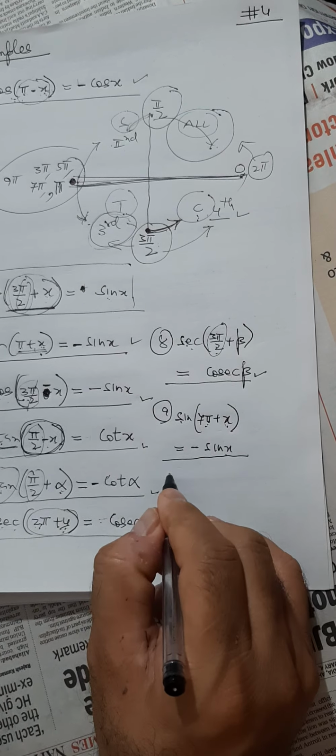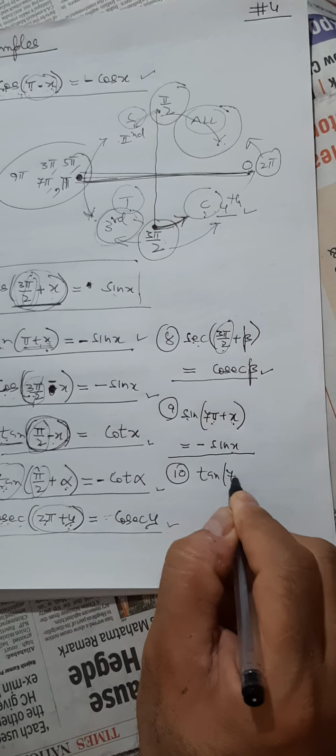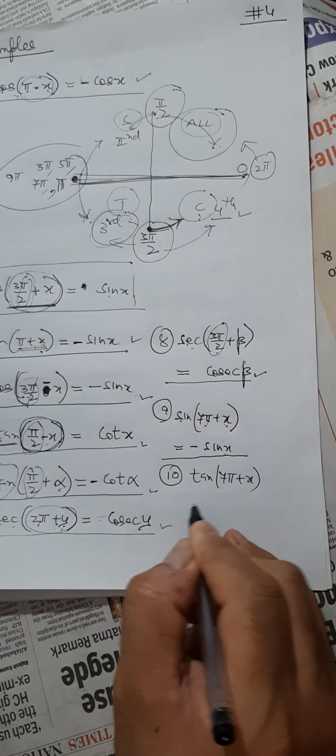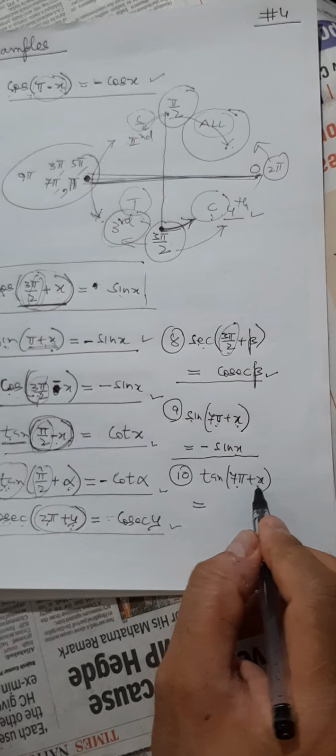If I do the same question for tan, tan of 7 pi plus x, which quadrant?